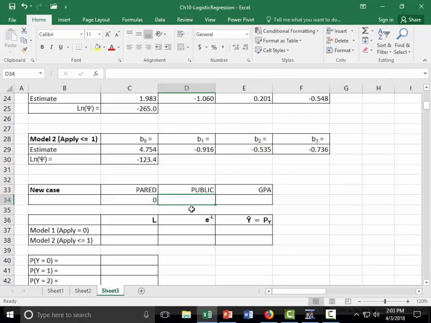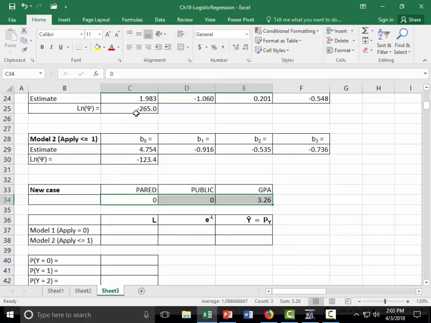Is this the public university? Not so. And GPA say 3.26. Okay, so this is the predictor profile. So what is the probability of y equal to 0, 1 or 2?